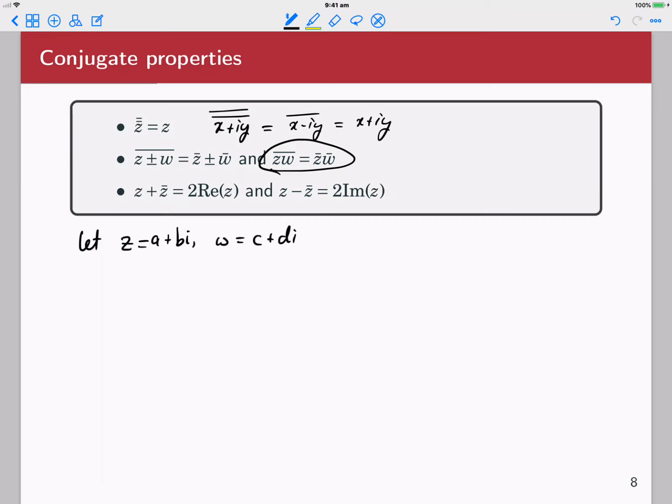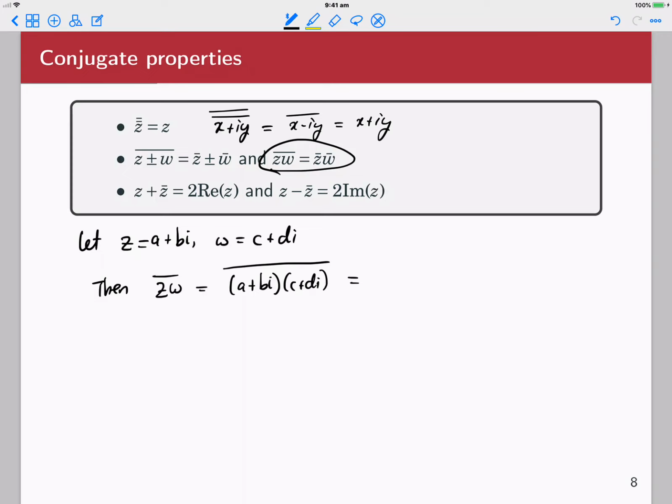Then what I get when I multiply z and w and take the conjugate is: z times w is going to be a plus bi times c plus di, and we take the conjugate of that.